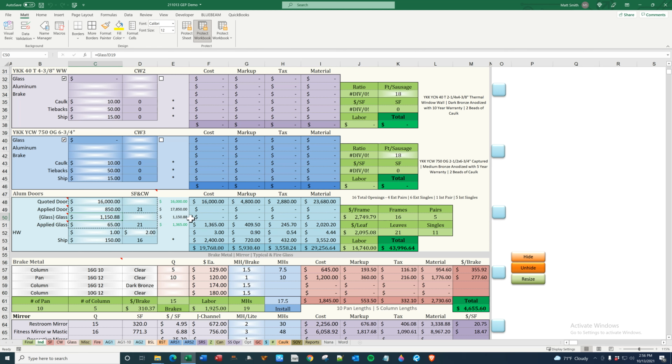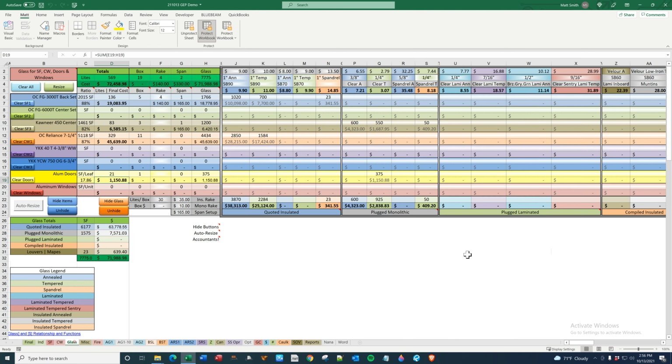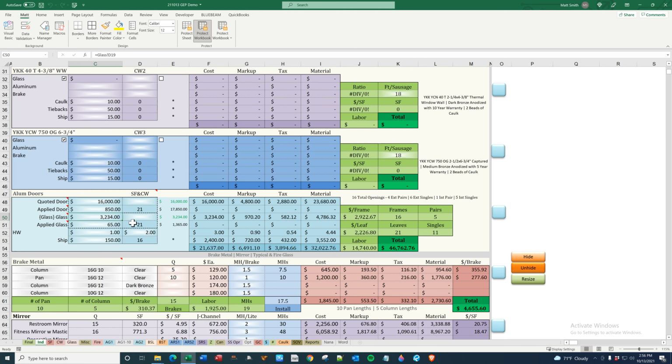To demonstrate again, change this to spandrel, and since this price is larger than this price, it carries that. And just to demonstrate once again, whichever the larger price is, it carries. That's how it works. And I forget to return to the original when I'm demonstrating.